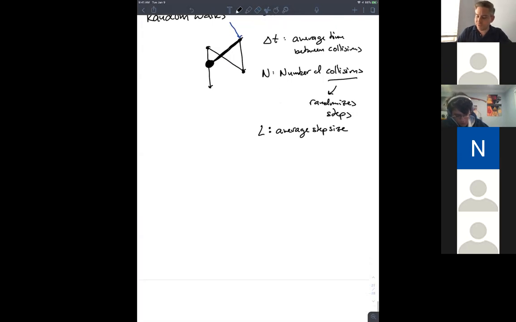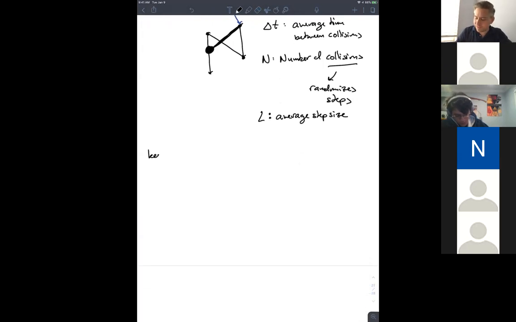So what we're going to do is keep delta t and L constant, and the only thing we're going to randomize is direction. The collisions randomize direction. Now this is a simplification, right?